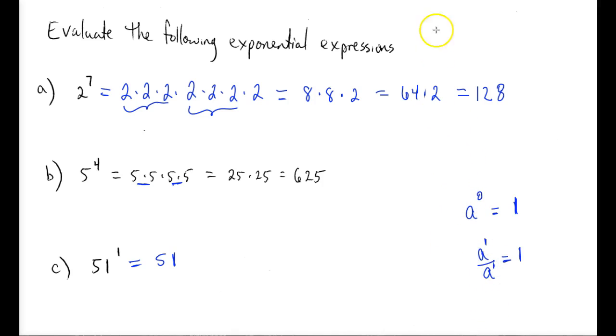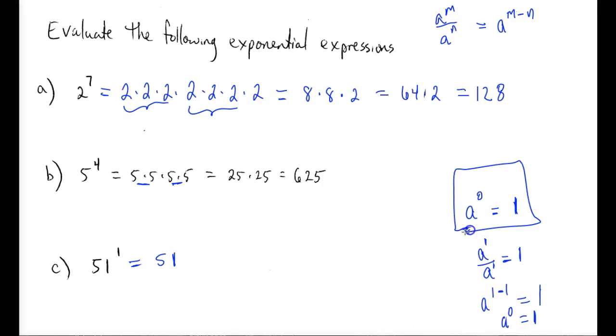And we have exponential rules that say anytime you have 2 exponential numbers that have the same base but different exponents and they're written in quotient form, you can subtract the exponents. So here, if we wrote this in that form, it would literally look like that. And of course, 1 minus 1 is 0. So that's why this particular exponential rule is true.